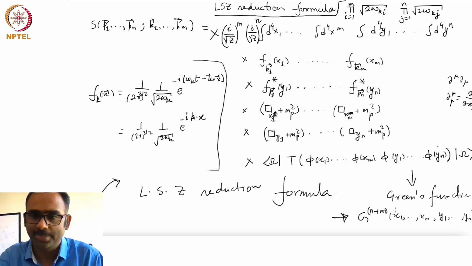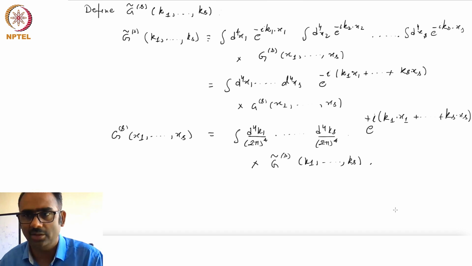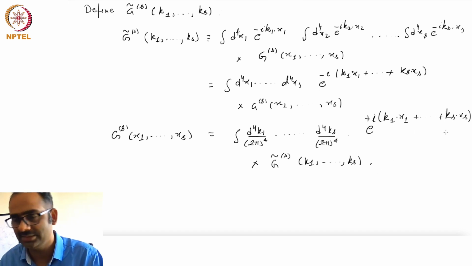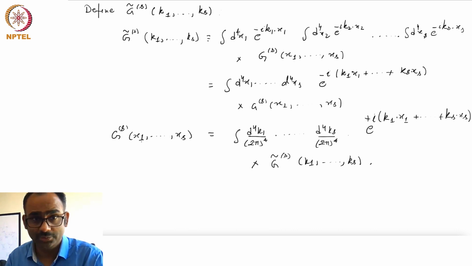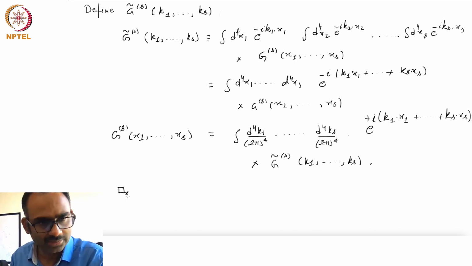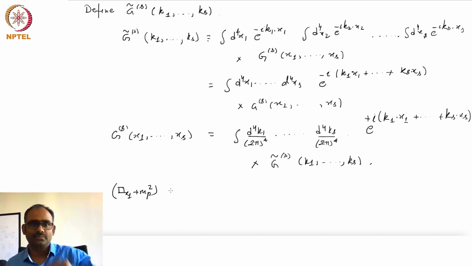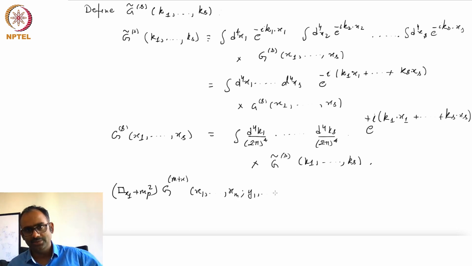I will have all these exponentials both with x and y, and then I take derivatives. So, let us look at first this one, box_{x_1} plus m_p squared acting on the x dependence coming from here. So, let us look at box_{x_1} plus m_p squared acting on G_{m+n}(x_1 to x_m, y_1 to y_n).